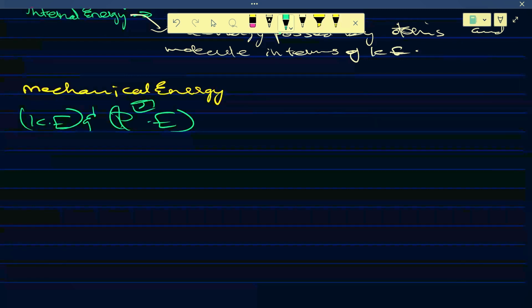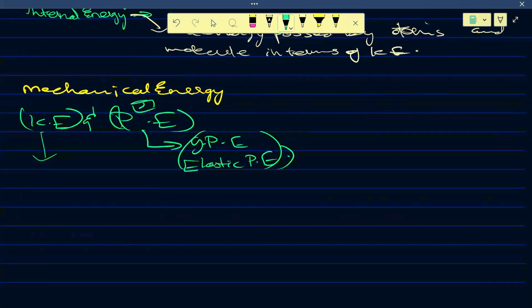For PE, there can be gravitational potential energy or elastic potential energy. So these are some examples of mechanical energy, of potential energy examples. And KE means the movement energy, basically.